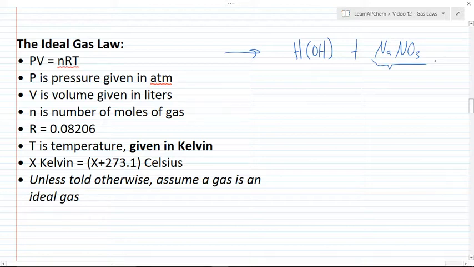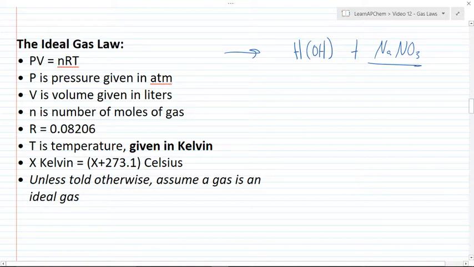I could pretty quickly see that this is a liquid, so I can almost guarantee that NaNO3 is going to be aqueous. So if you have a product that is clearly insoluble, you can almost guarantee that the other one is soluble.